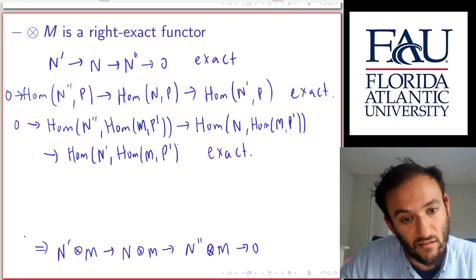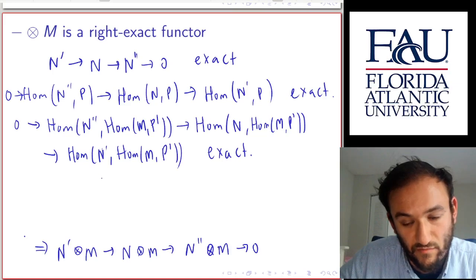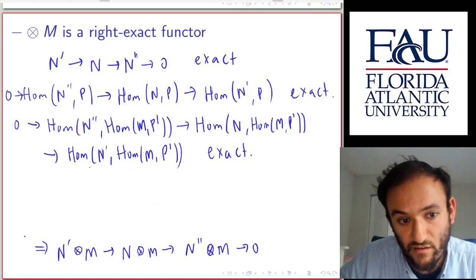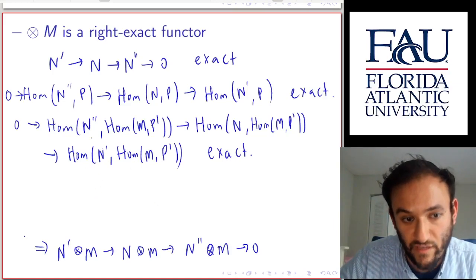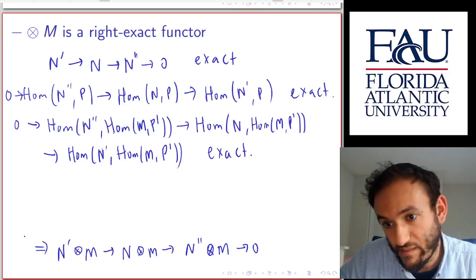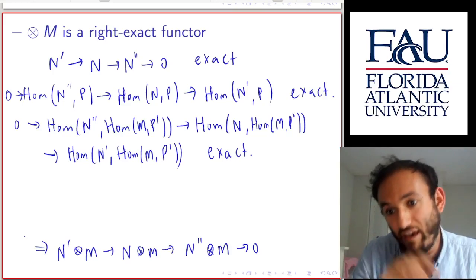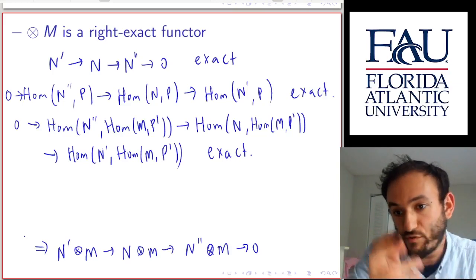But then I know that I can use the adjunction properties here. So I know that Hom of a given module to a Hom from a fixed m is equal to the same thing as the Hom of that first module tensor m to p prime.